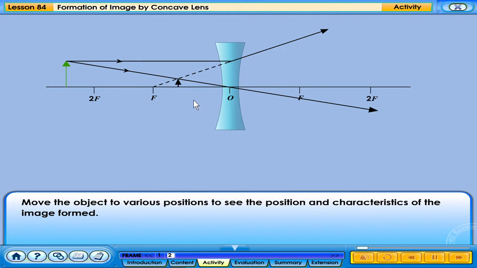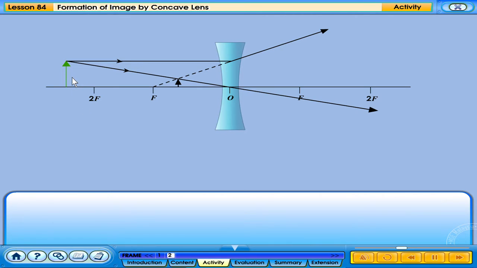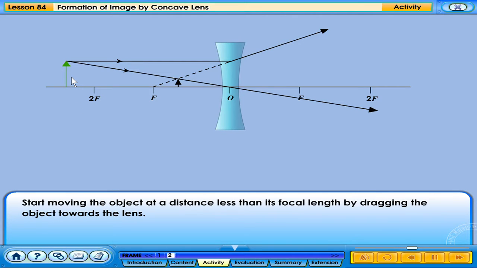Move the object to various positions to see the position and characteristics of the image formed. Start moving the object at a distance less than its focal length by dragging the object towards the lens.